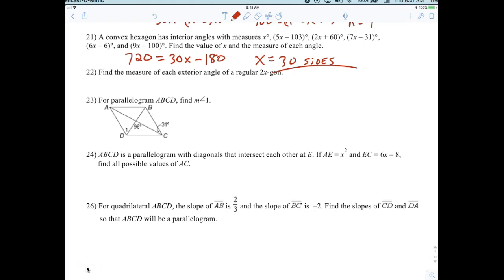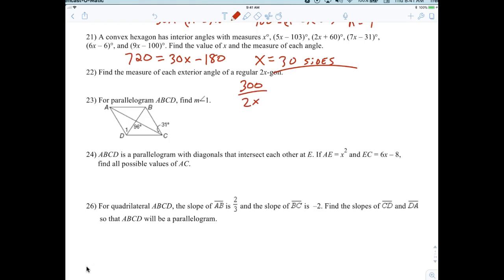Not a big deal. Find the measure of each exterior angle of a regular 2x-gon. Very simple because the exterior angles always add up to what? 360. So the formula is just take the 360 and divide it by the number of sides, correct? They're trying to make something a little bit harder because they don't give you a number.